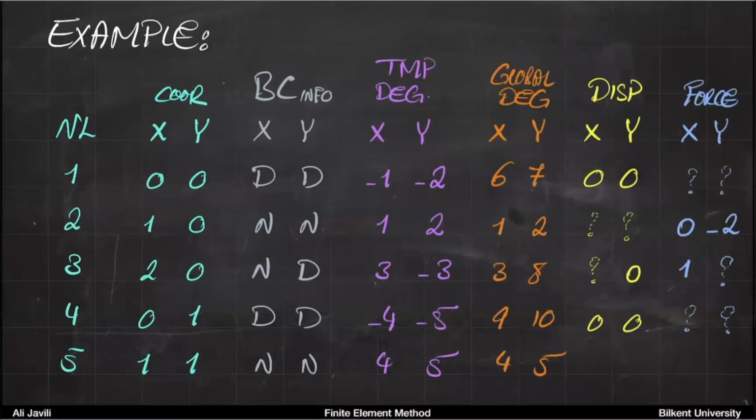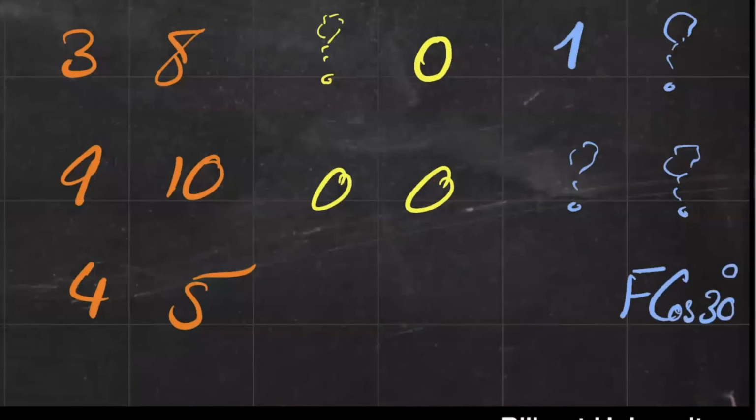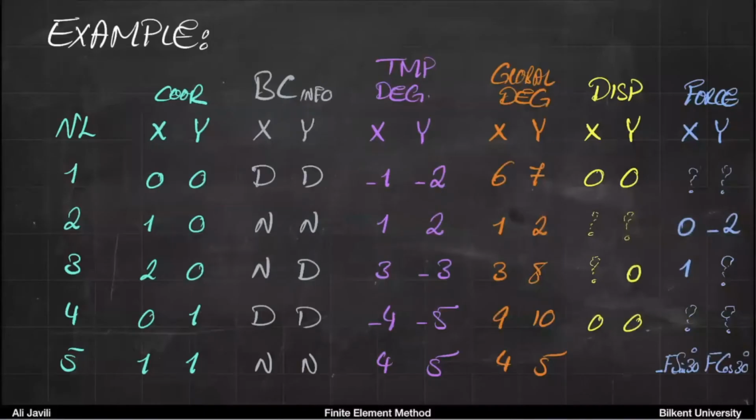So this would be something like f times cosine 30 degree and minus f times sine 30 degree. These are the forces, and then again, that means the displacements are unknown.